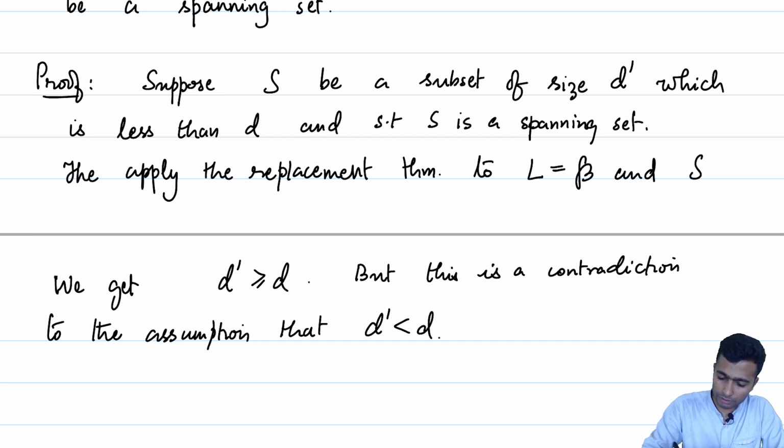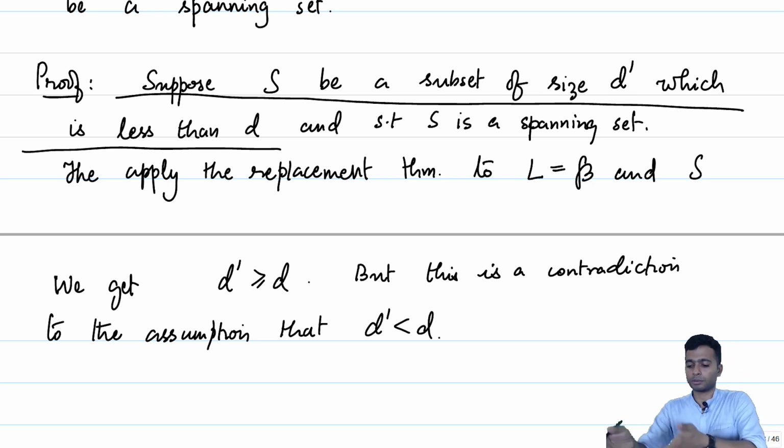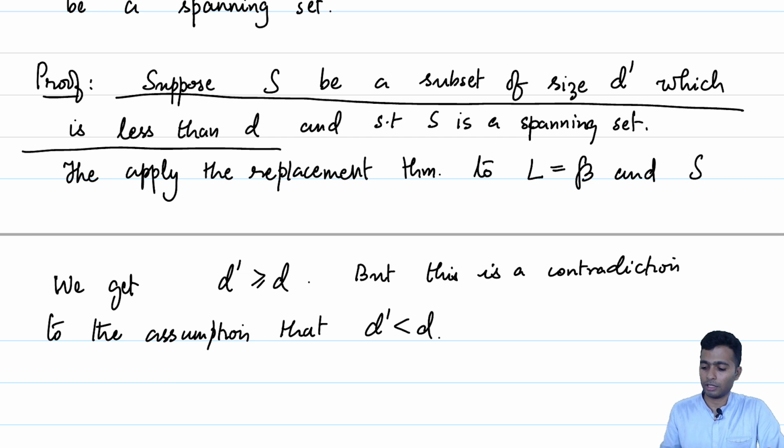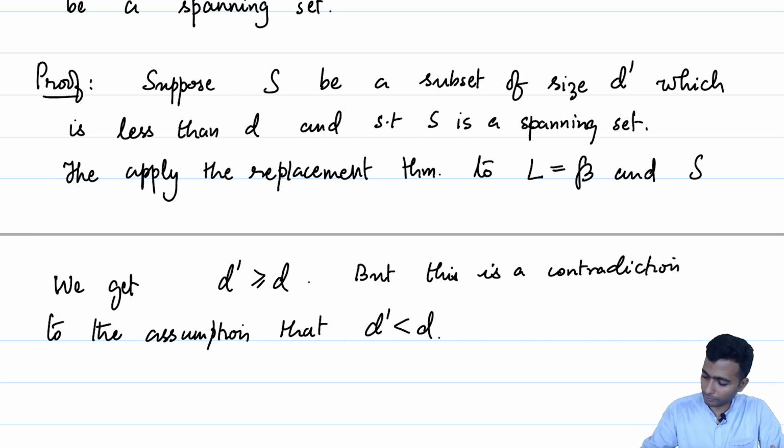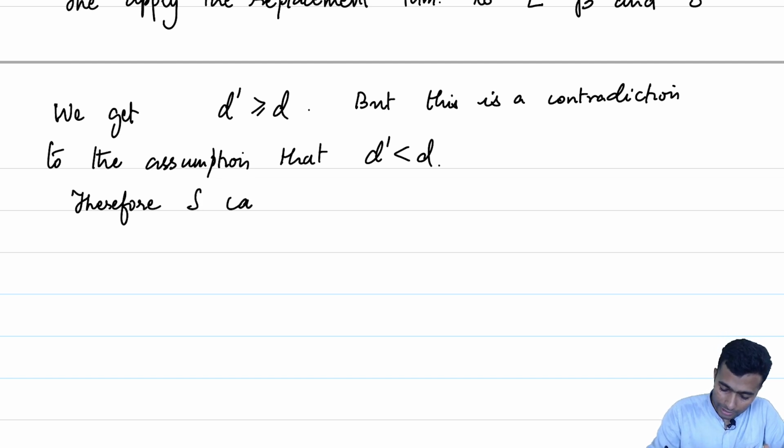If you notice, this is what our assumption began with. Suppose S is a subset of size D prime which is less than D, and such that S is a spanning set. So that cannot happen, right? So there is this assumption going wrong, and therefore S cannot be a spanning set.